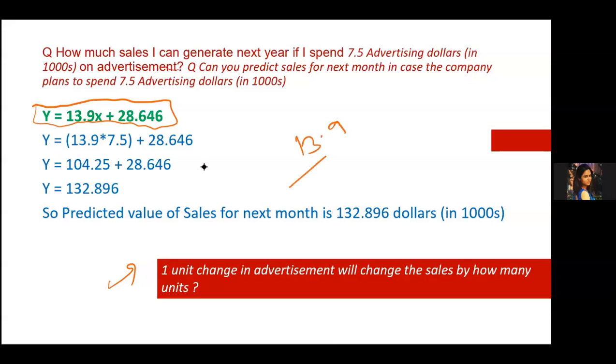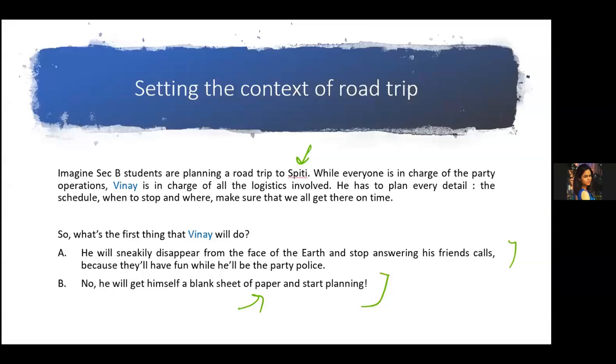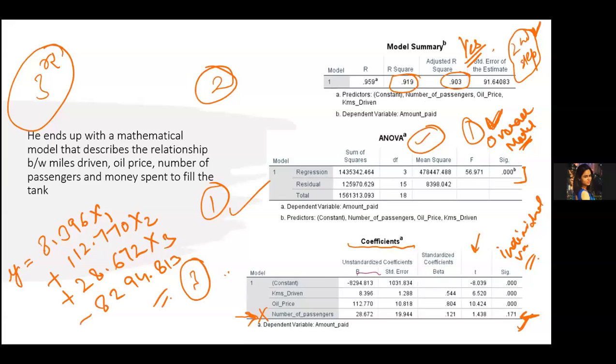May I know your name, please? Govind. Well done, Govind. So 13.9. If I change advertisement by 1 unit, my sales will change by 13.9 units. Okay, so we have discussed this.